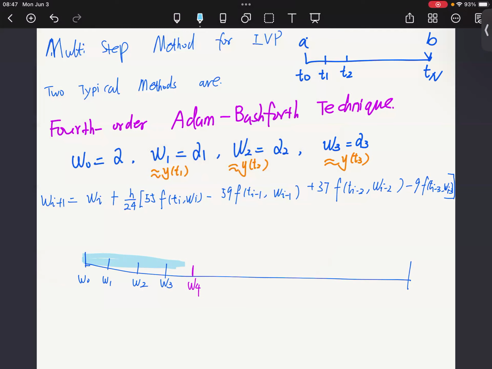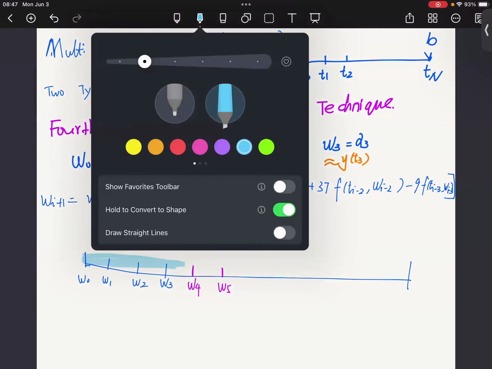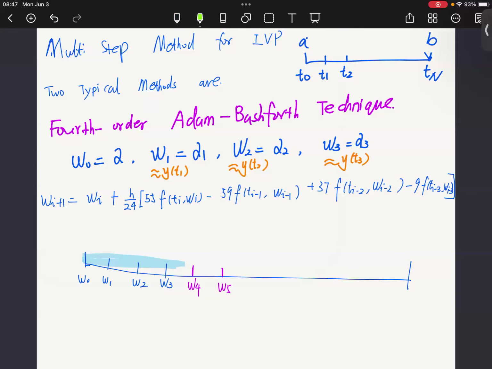And what about W5? If we want to calculate W5, it's based on, let's see, 1, 2, 3, 4 points before it.